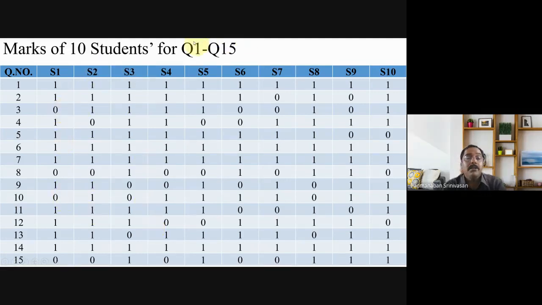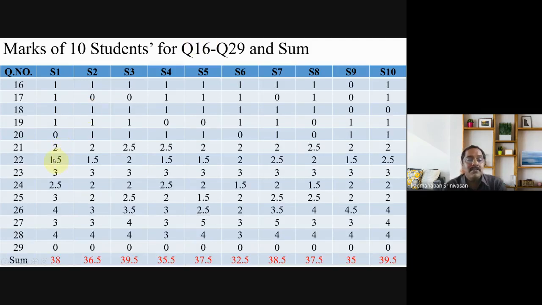How many questions is not our main point in this discussion. There were 29 questions, and those 29 questions were answered by these 10 students, student 1, student 2, student 3, up to the last student, student 10, for all 29 questions.